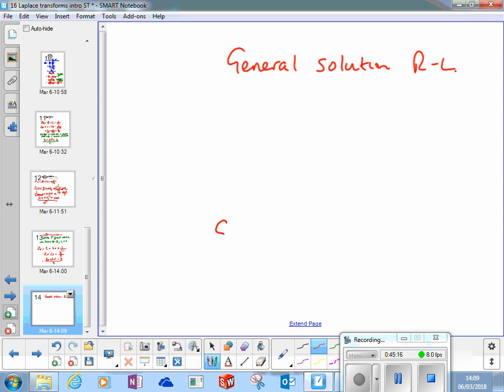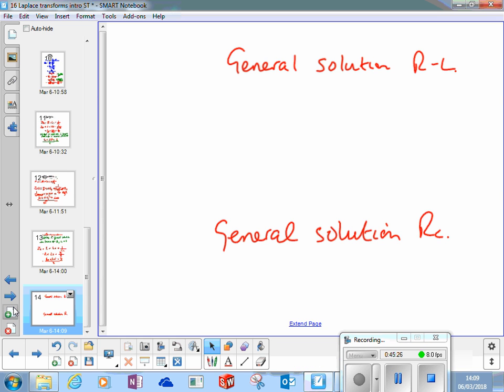Okay, that one's dead easy. They probably both are actually. And the RL in parallel. So we can write general solutions for all of them.